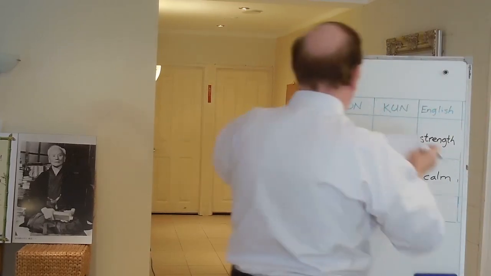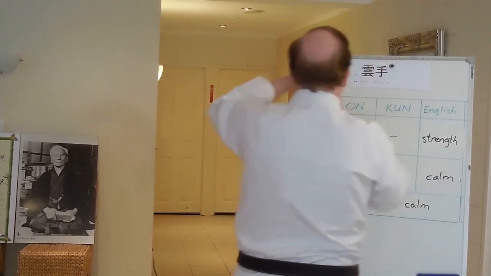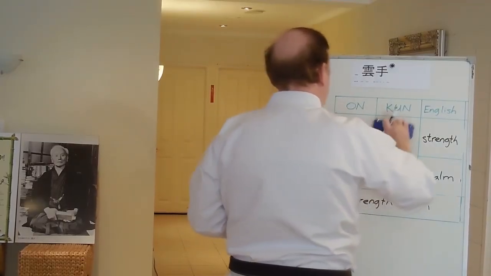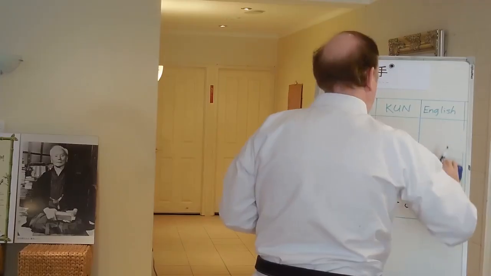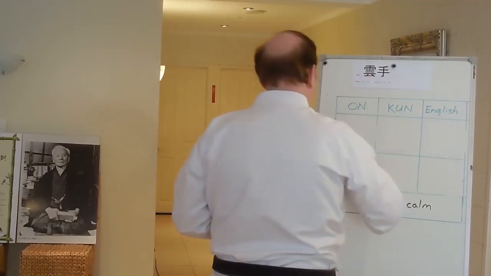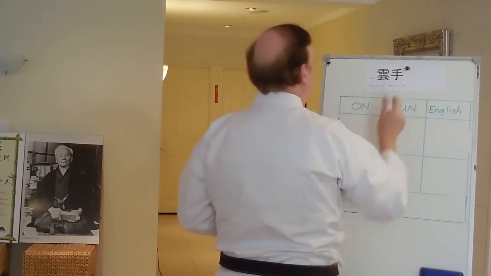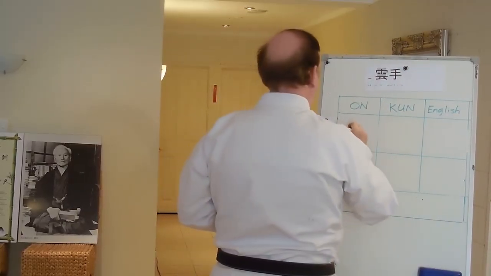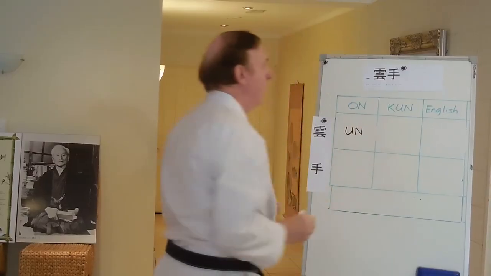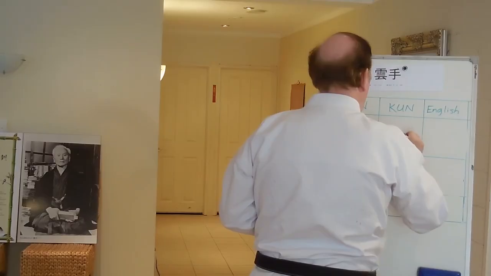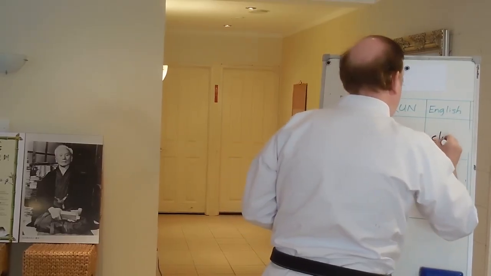Now, next one, just explain here about the difference in tei and shu. So this one is, normally we say unsu, so un goes into kumo, which is a cloud.